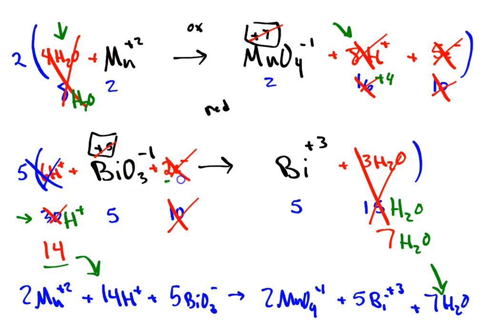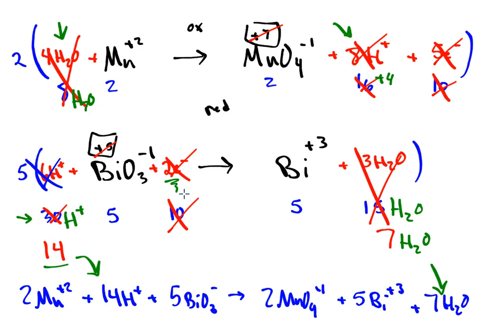That's a really good question because this part can be very confusing. All of it can be, really. This number right here is the oxidation number of Bi in BiO3-.